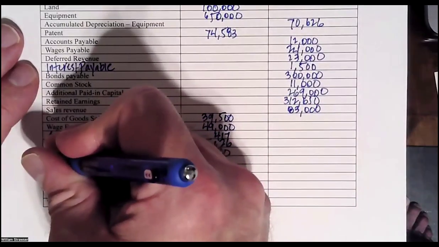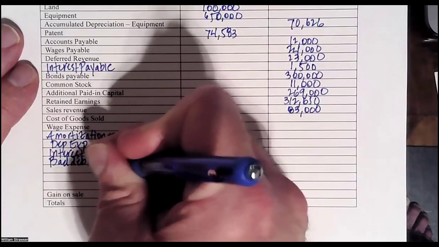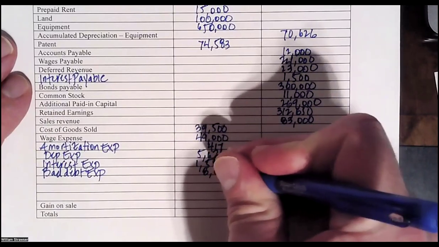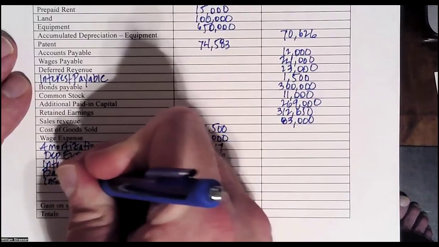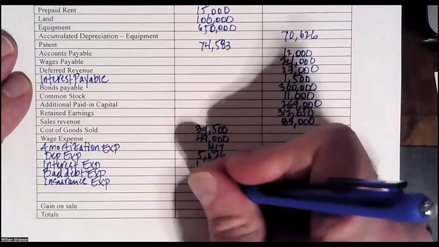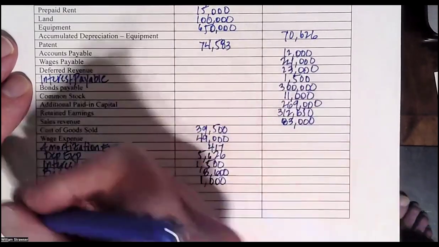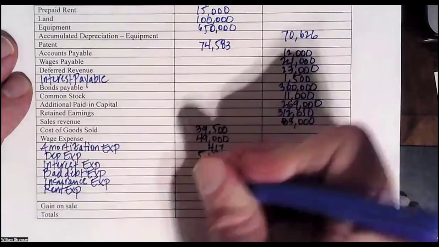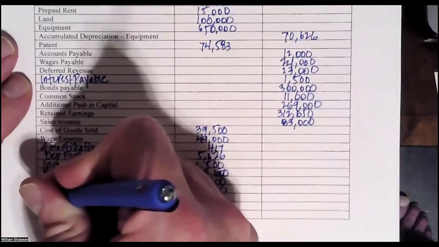Bad debt expense is 8,600. Insurance expense is 1,000. Rent expense is 3,000. And finally, tax expense.